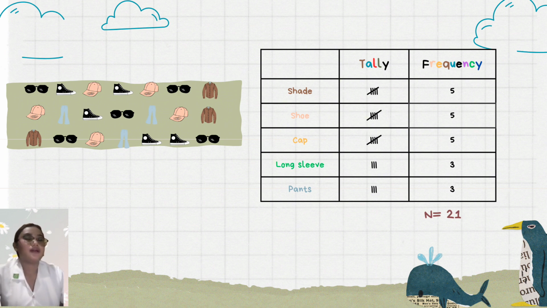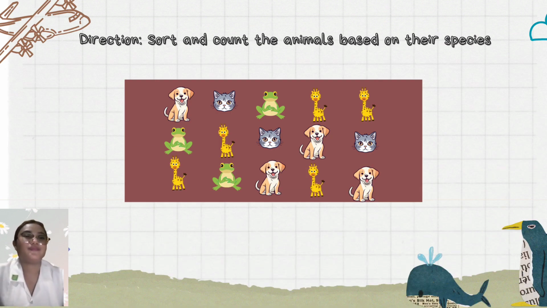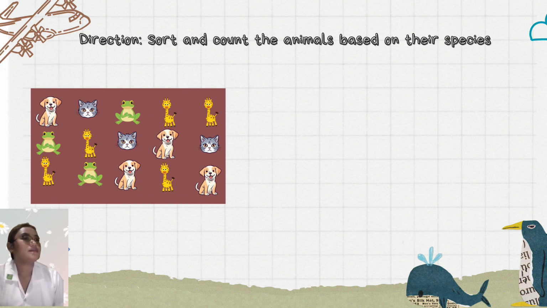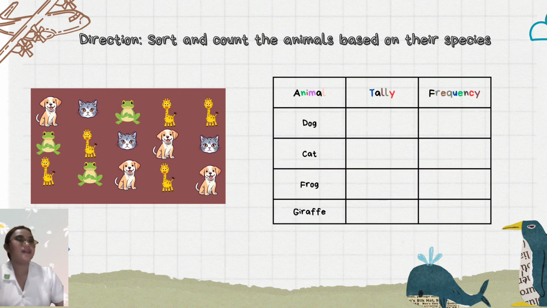So, next. Kayo naman ang sasagot neto. Direction, sort and count the animals based on their species. So, ano nakikita nyo dyan? Yes, we have a dog, cat, frog, giraffe. So, we have a 4 kind of animals. So, okay.